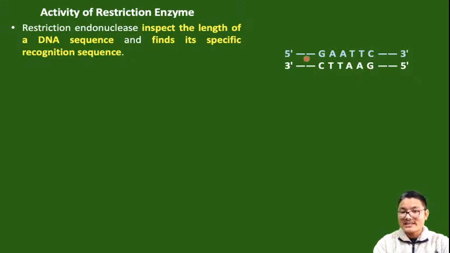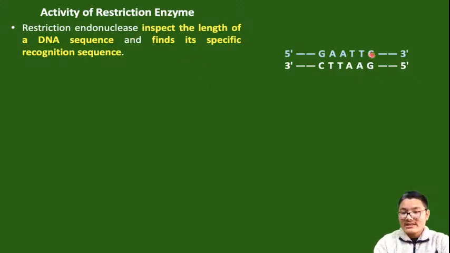Suppose this is the segment of DNA to be inspected by the restriction enzyme. First, there is observation of the entire length of DNA, then it finds its recognition sequence, and after finding the recognition sequence, the restriction endonuclease will cut the DNA.